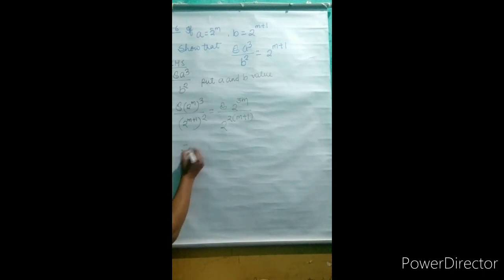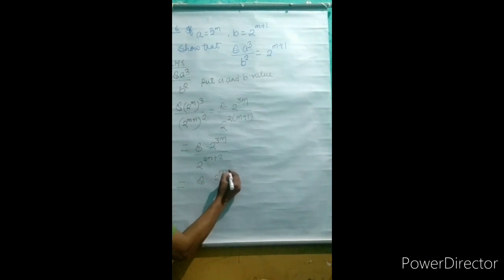It will become here 8 times 2 raised to power 3m over 2 raised to power 2m plus 2, which is equal to 8 times 2 raised to power 3m over 2 raised to power 2m plus 2.